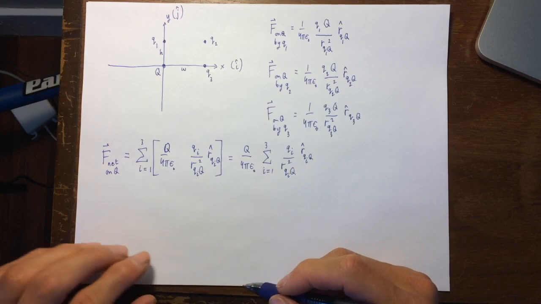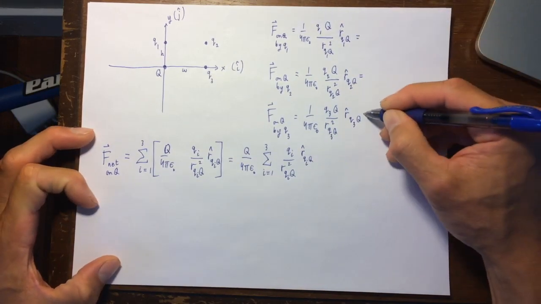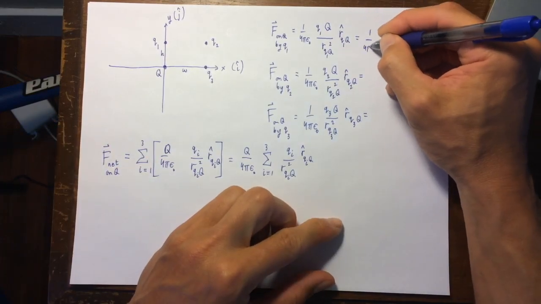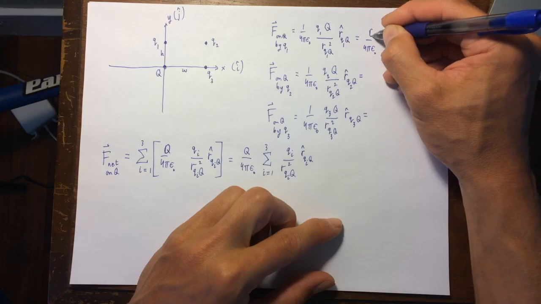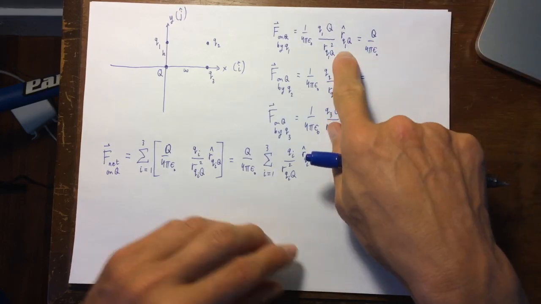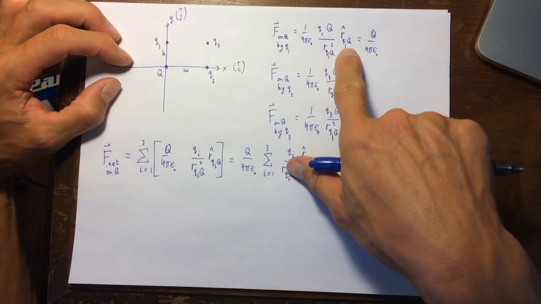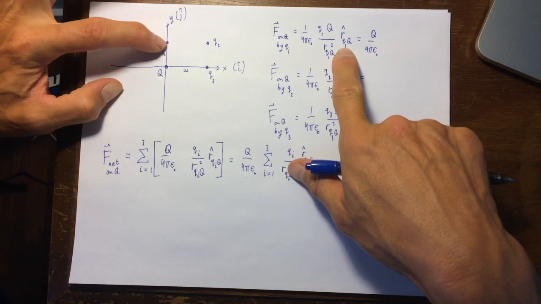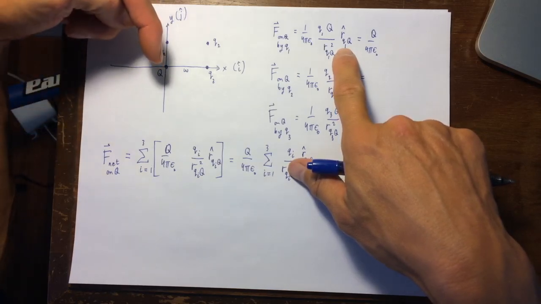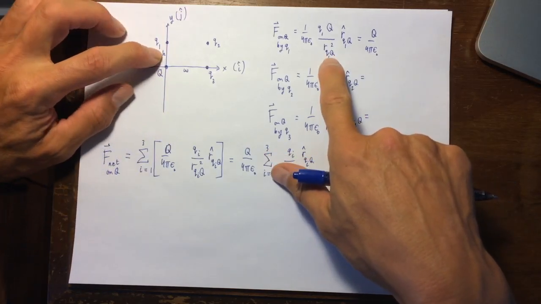Right? Okay, so each of these terms in this problem are pretty easy to fill in. So it's 1 over 4 pi epsilon 0, capital Q, because that's common, right? So with number 1, here's number 1, the unit vector that points from charge 1 down to charge Q is negative j hat, and the distance squared is h squared.